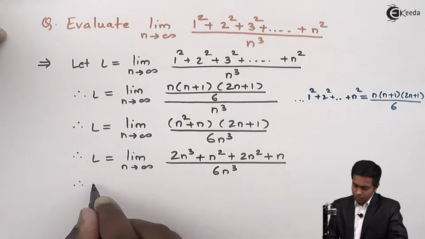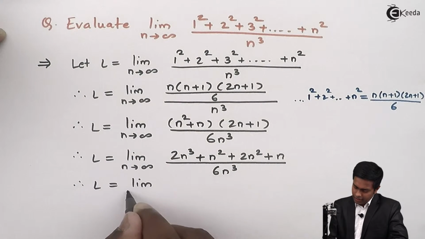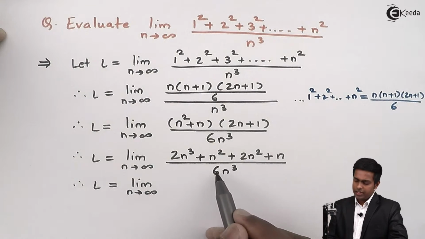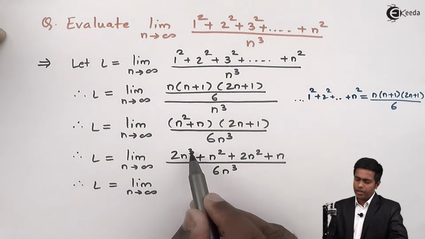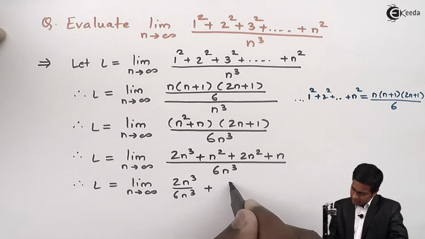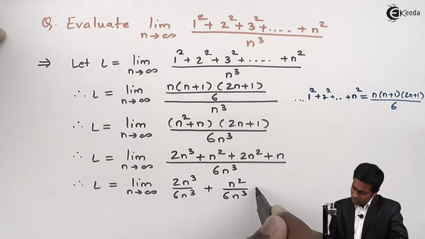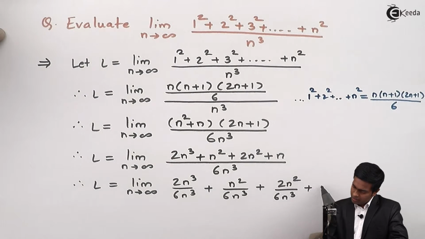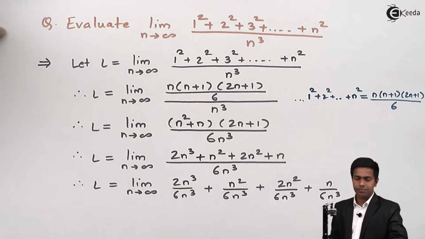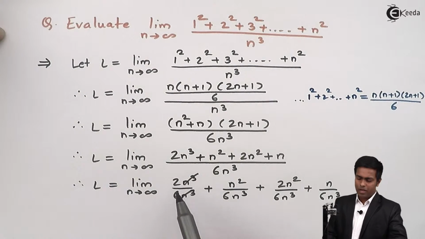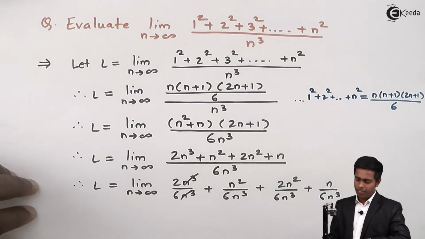Next, L is equal to limit n tends to infinity. Now what we'll do is divide each term by 6n cube. So here we'll get 2n cube upon 6n cube as the first term, plus n square upon 6n cube, plus 2n square upon 6n cube, plus n upon 6n cube. If we simplify this, n cube and n cube cancel, and 2 by 6 becomes 1 upon 3.